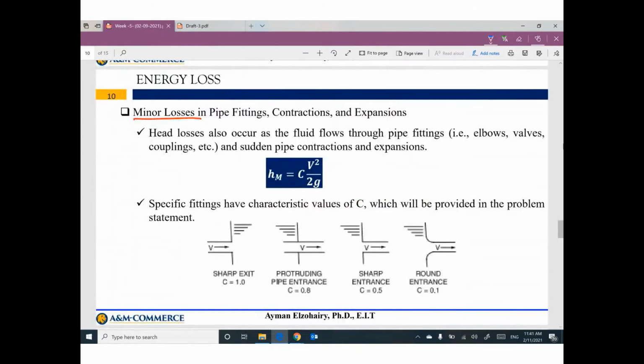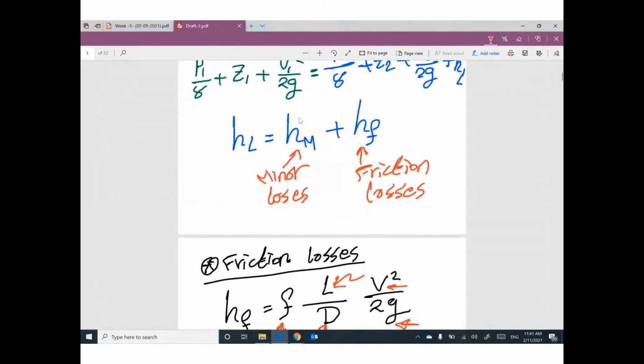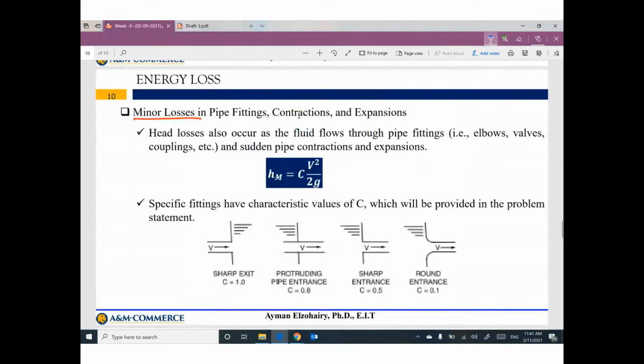Today, I will cover the second part of losses, which is minor losses. Minor losses equal C times V squared divided by 2g. More simply, minor losses: if we have two connections like this, we have flow, and this flow suddenly enters another part of the pipeline, or we have this tank and we have flow through this pipe.